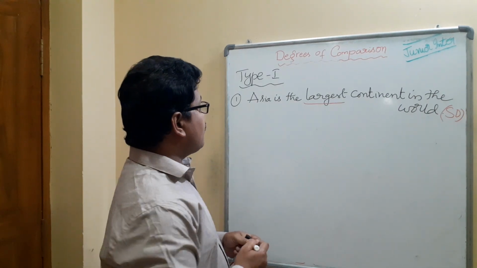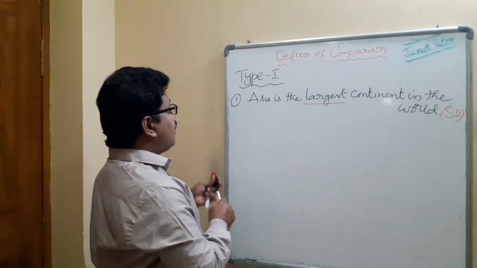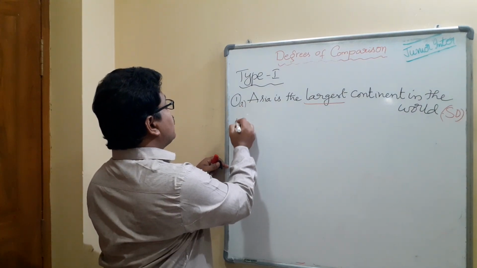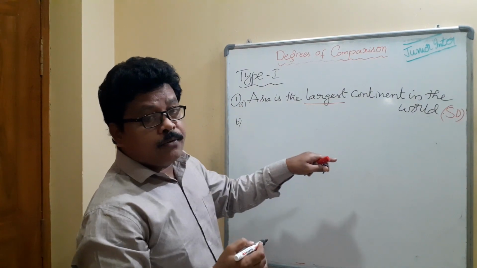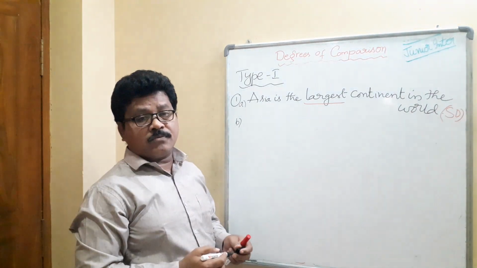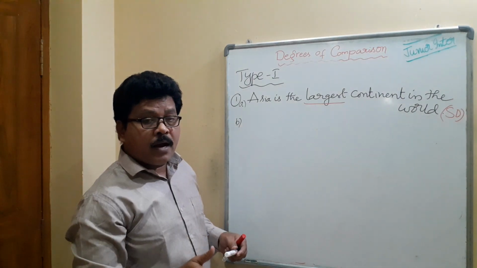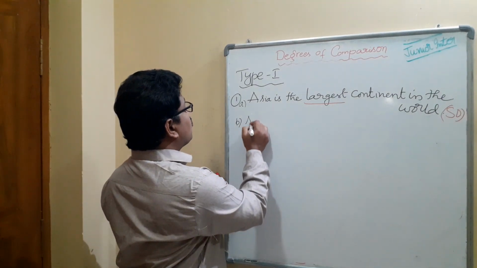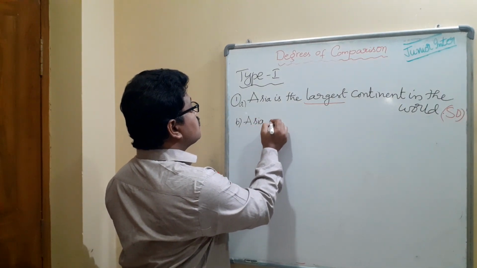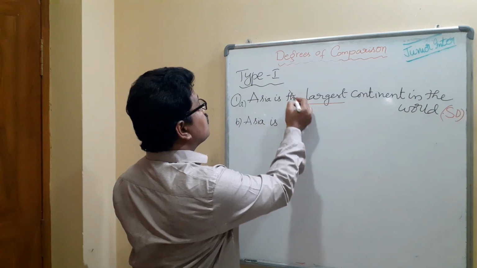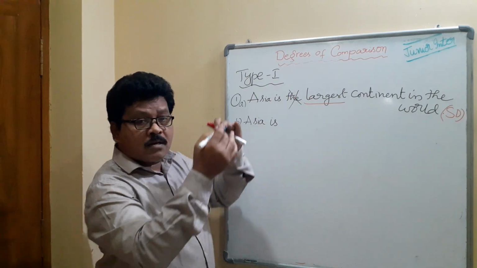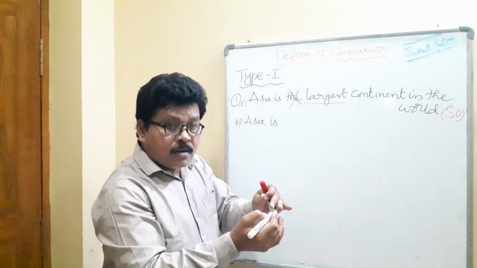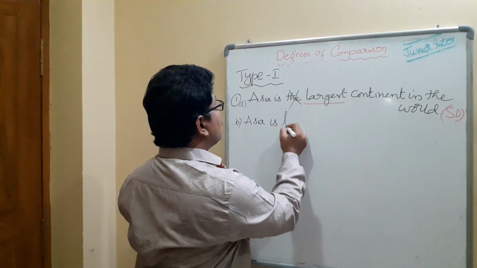Now in the exam, you will be asked to convert it into equivalent comparative and equivalent positive. So how to write? Look at the board. This is the answer. Asia is the largest. One step down, larger.